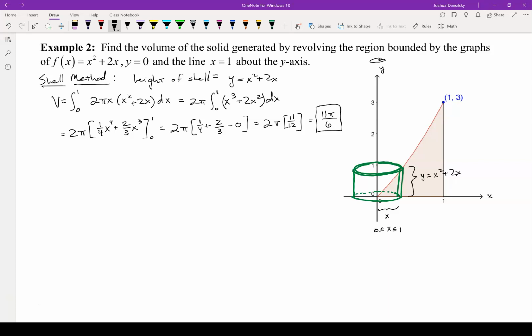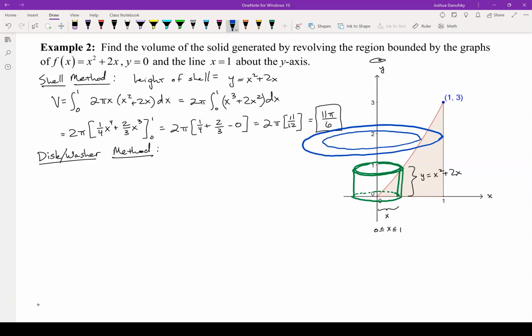Now let's try the disc washer method. So if we were to draw a representative washer, it might look something like this. And to find the cross-sectional area, we're going to need to find little r, and we're also going to need to find big R. First off, notice that big R is constant.